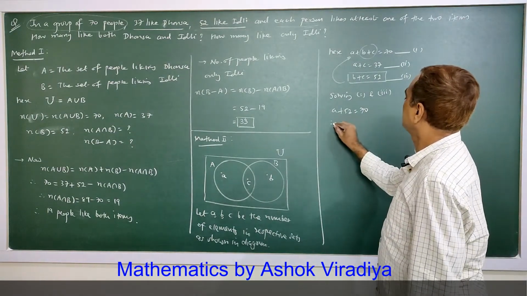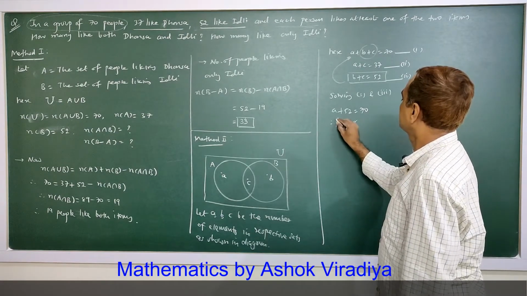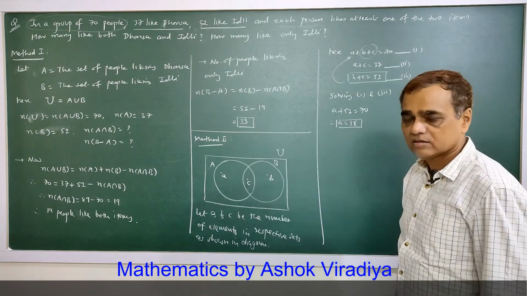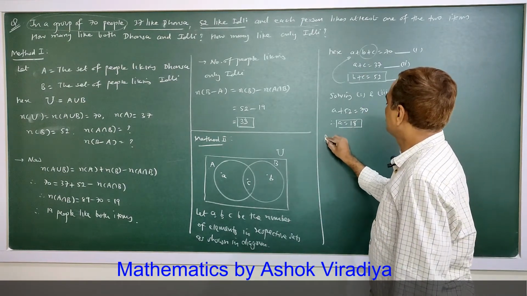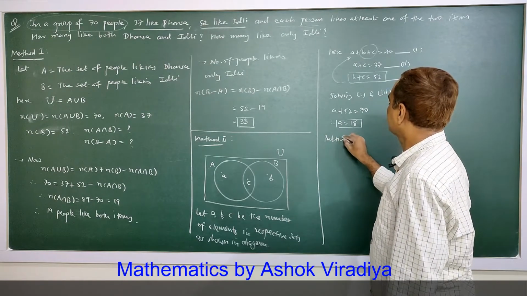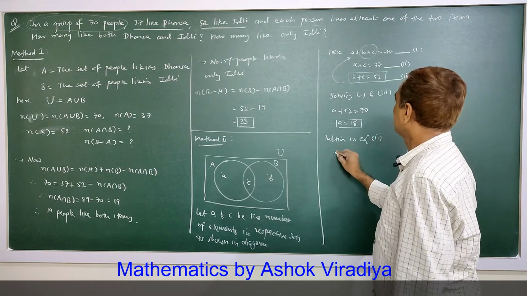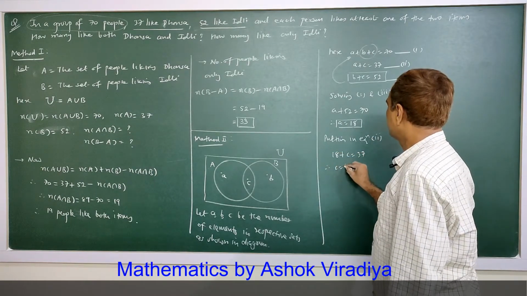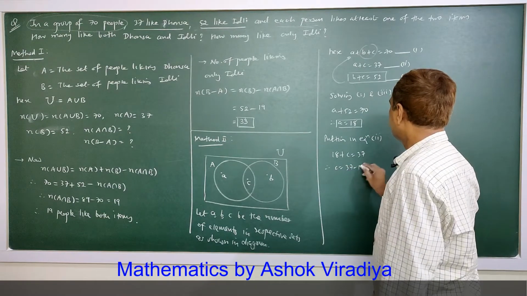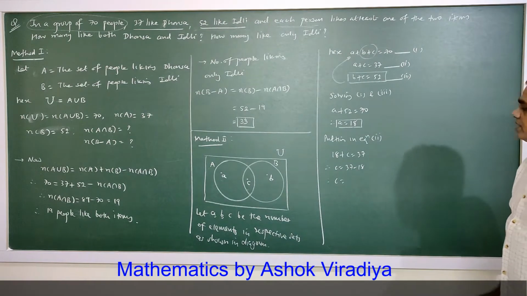Therefore A is equal to 18. We put A equal to 18 in equation 2. So putting in equation 2, 18 plus C is 37. So C is 37 minus 18, so C is 19.